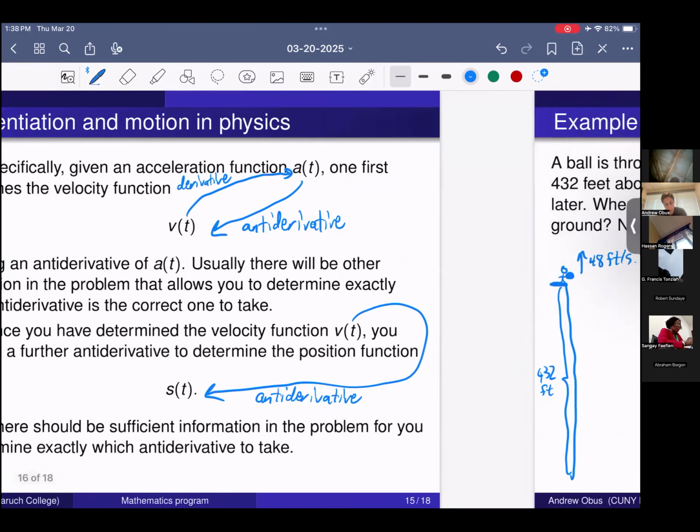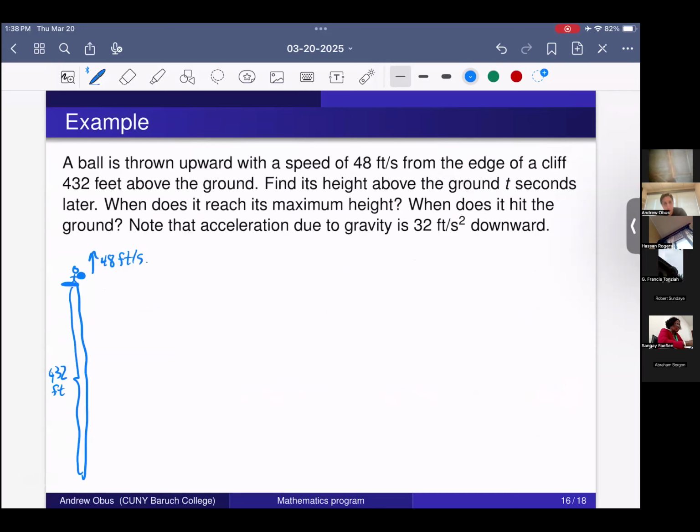Okay. All right. So let's go back to our question. The acceleration due to gravity is 32 feet per second downward. So what that means is that a of t is just a constant, which we'll call negative 32, because it's going to be downward.